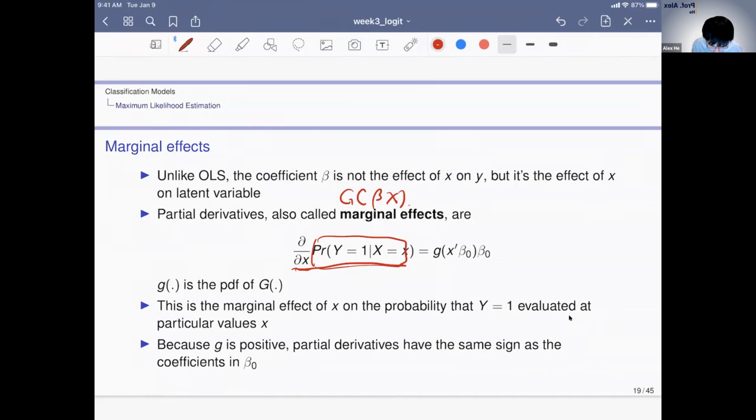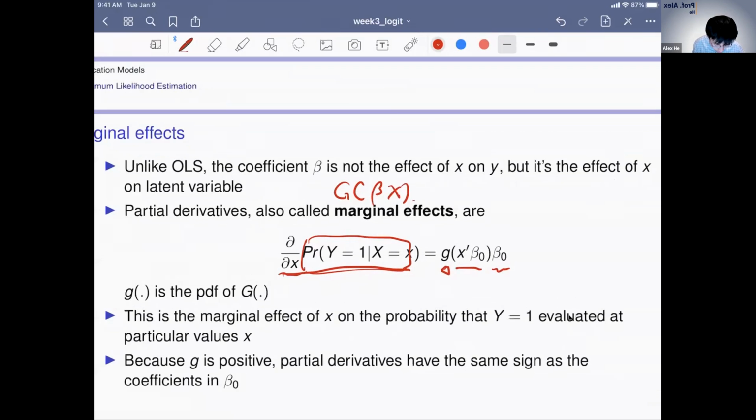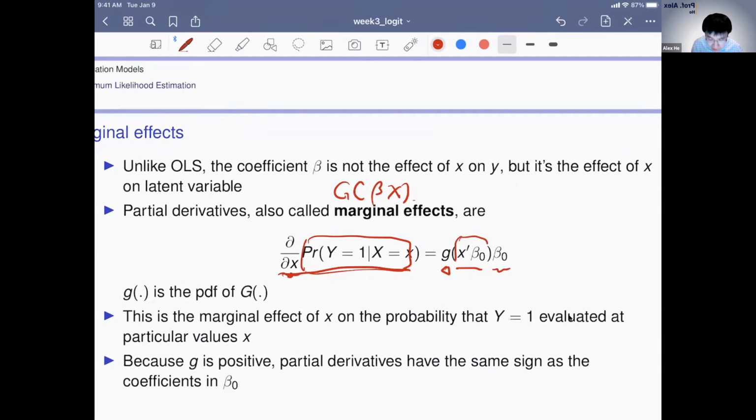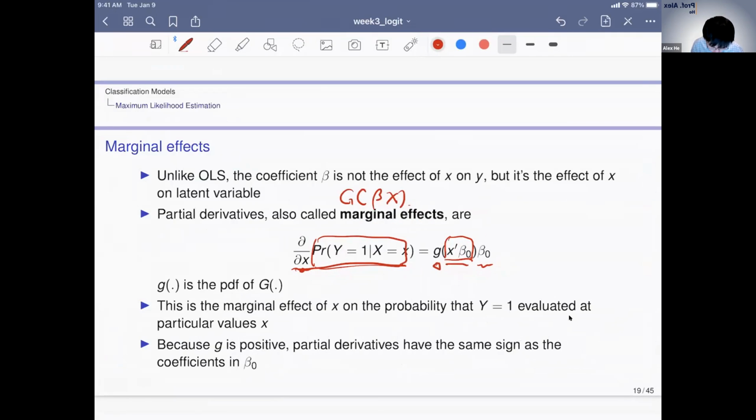We take the derivative, and we call that derivative the small g of beta x, also multiplied by beta, because when we take the derivative with respect to x, the thing inside equals beta. This is not as simple as linear regression, where this whole thing would just equal beta. Here it's beta times the PDF of G, which is also the derivative of G. That's the chain rule, exactly.